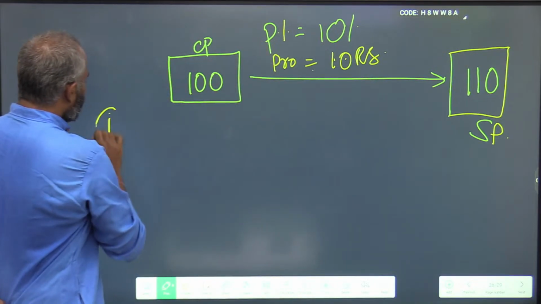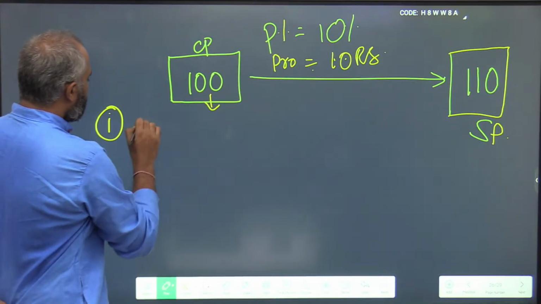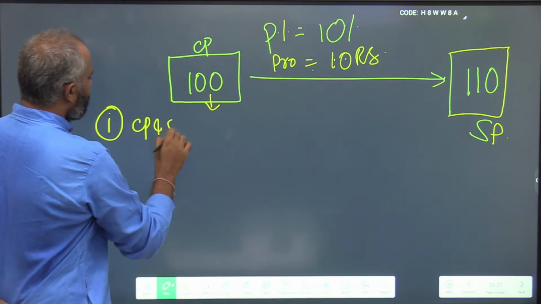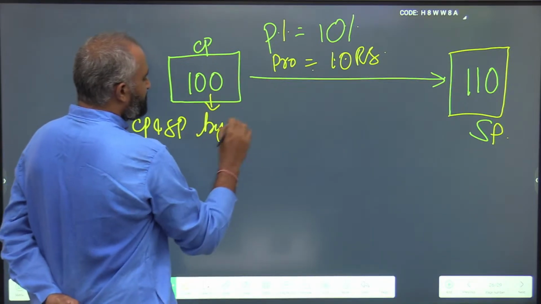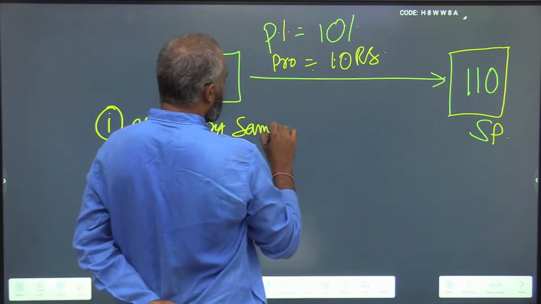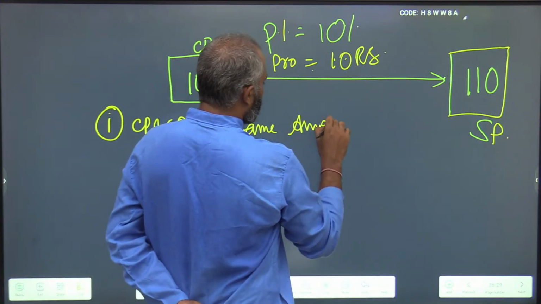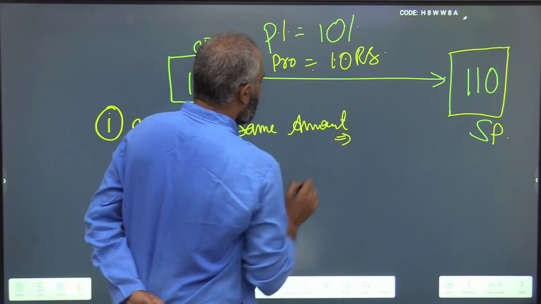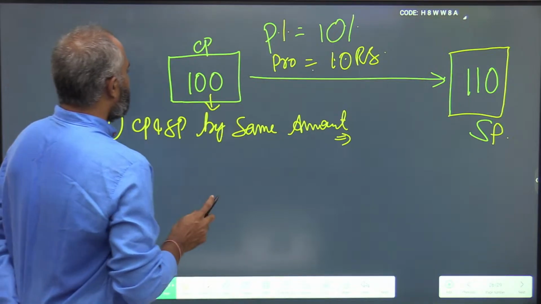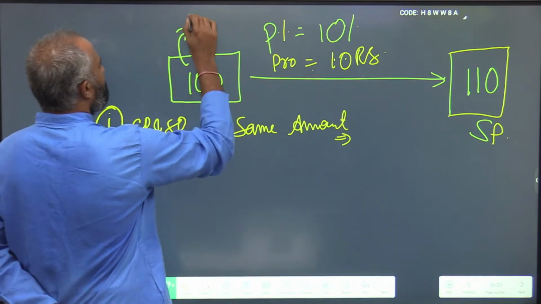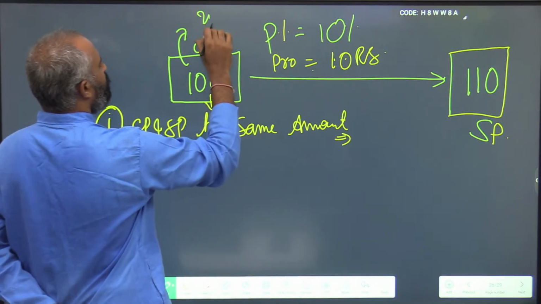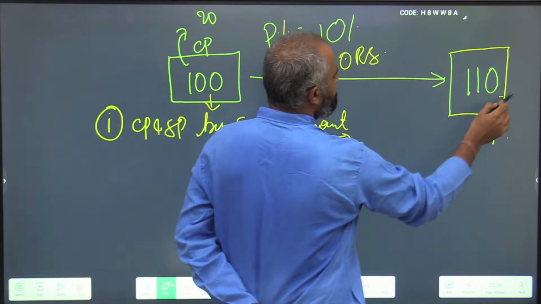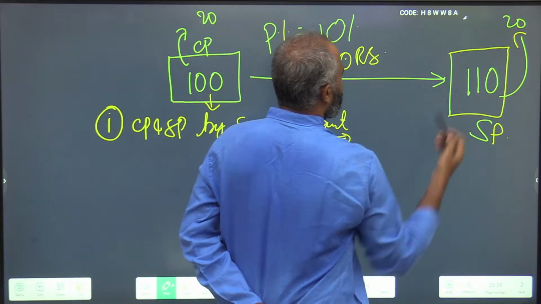Observe, in case 1, if I increase my CP and SP by the same amount, I am increasing my CP by 20 rupees. I am doing the same here and increasing my SP by 20 rupees.